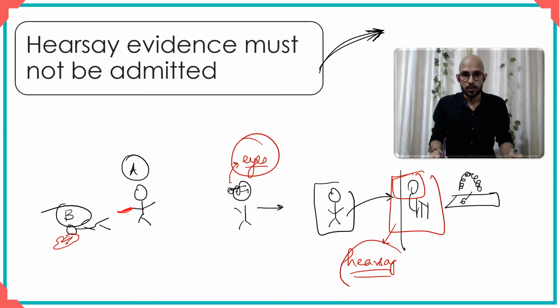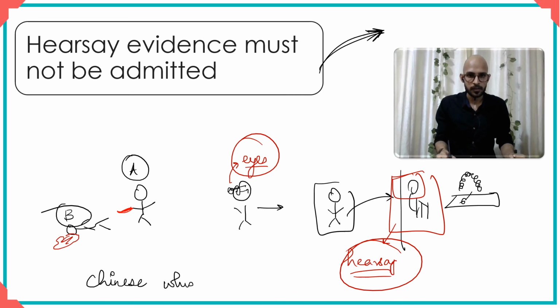right? So the rule of not admitting hearsay evidence is that a person who has sensed it should come to the court and depose before the court himself. You might recollect that we used to play this game of the Chinese whisper, right?